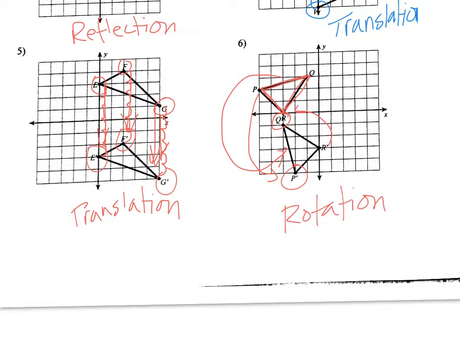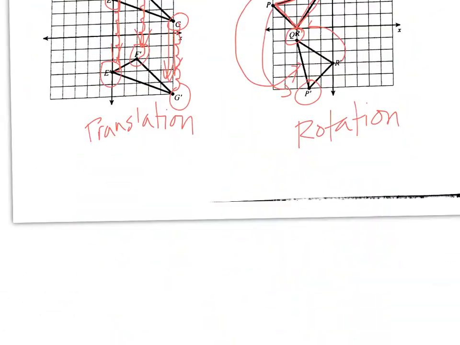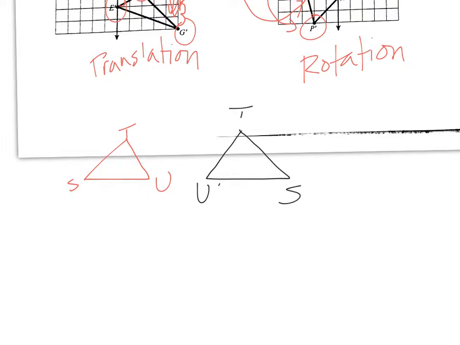Okay. Let me show you a real quick example, since we didn't have an easy one, of a reflection. An easy example of a reflection would be one like this. Say, here's my original one. We'll call it STU. And then over here, I've got TUS prime.